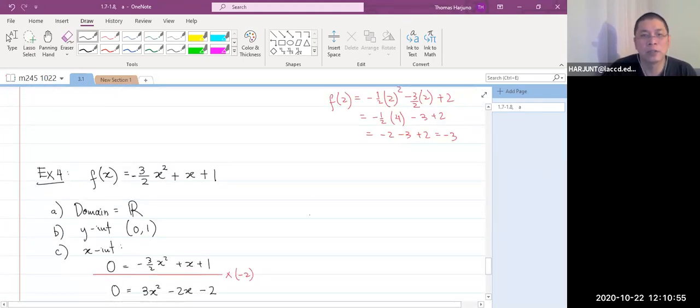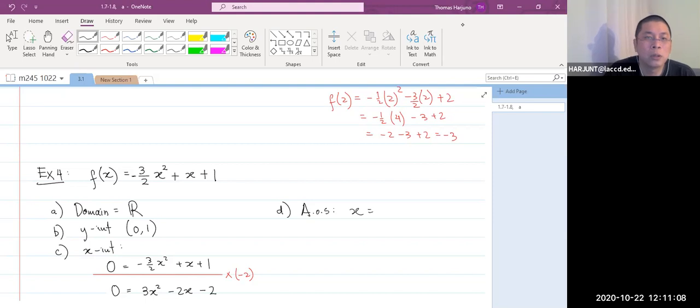For the axis of symmetry, I can use the formula x equals... did I put the wrong number in there?